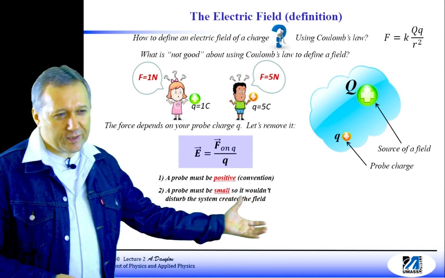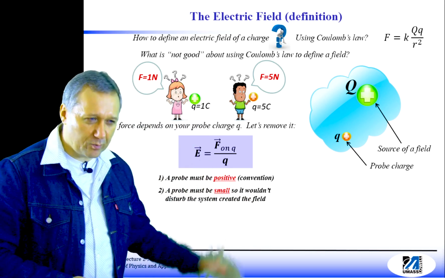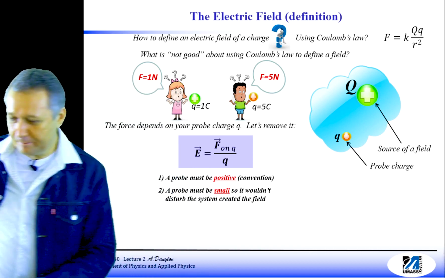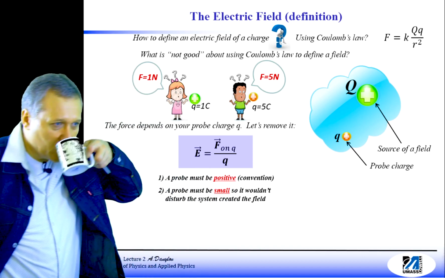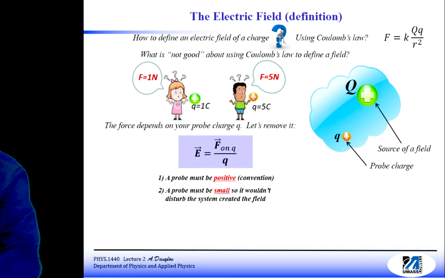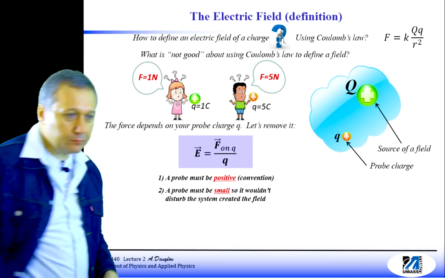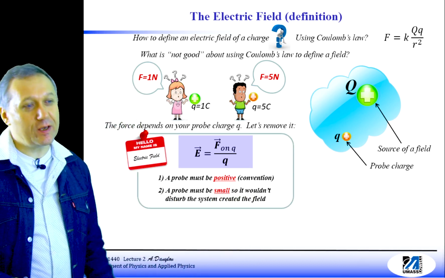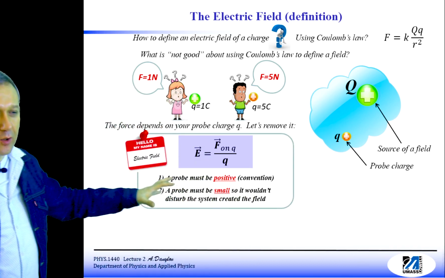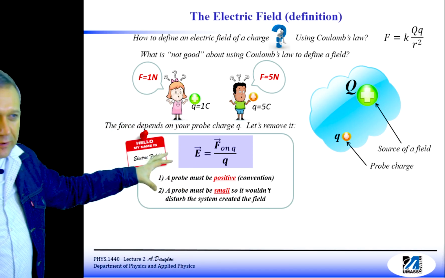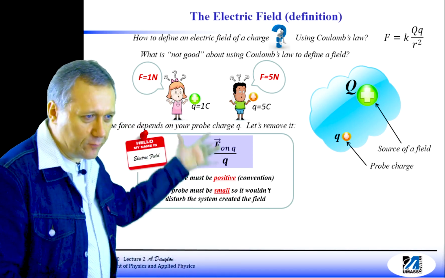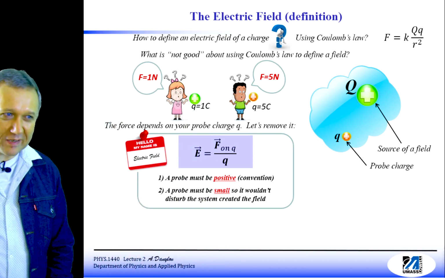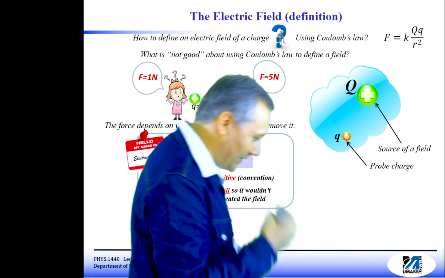Okay, so now the second restriction, a probe must be small, so that the system would not be disturbed significantly. Okay, so now after imposing these two restrictions, we can frame it. Now it's a full definition of the electric field. This formula with these two restrictions, now it's a whole picture. So now we have introduced the electric field.